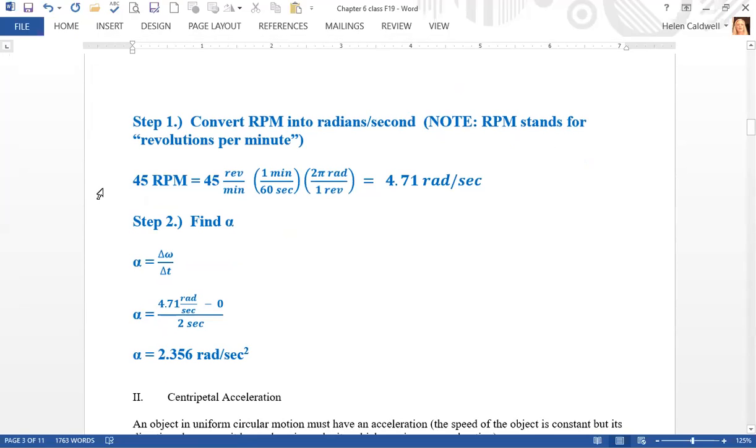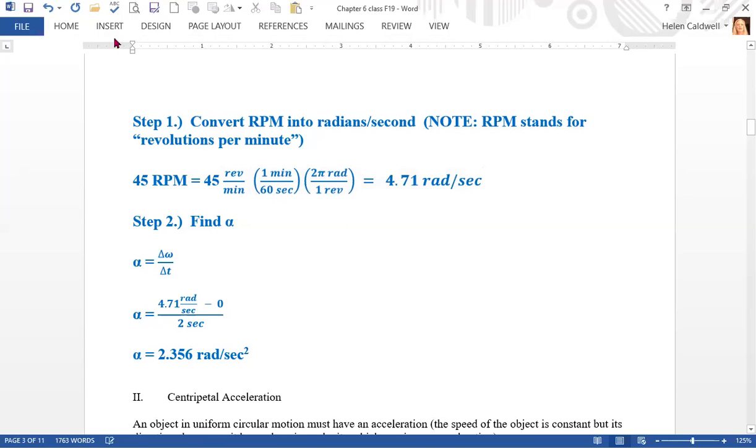45 RPM, I rewrote it as 45 revolutions over minutes. I want to get rid of the minutes, so minute goes in the numerator. I need seconds to be left, so seconds go in the denominator, and I know that 1 minute is 60 seconds. So this first part will convert minutes into seconds. And then to get rid of the revolutions, I need revolution in the denominator and radians in the numerator. We know that 1 goes with the revolutions and 2 pi goes with the radians.